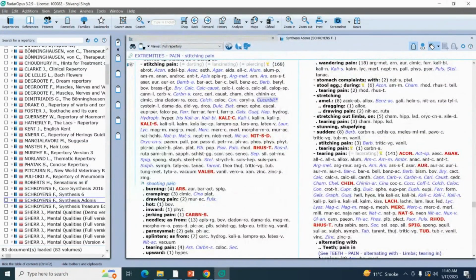Now just press enter on my keyboard. You will get your rubric from the extremities chapter. Pain is my rubric. Stitching pain is my sub rubric. Now I'm going to add this rubric to my clipboard with the help of my third method, and my third method is this icon, take the current rubric icon. If you click on this icon, your rubric has been added to your clipboard.